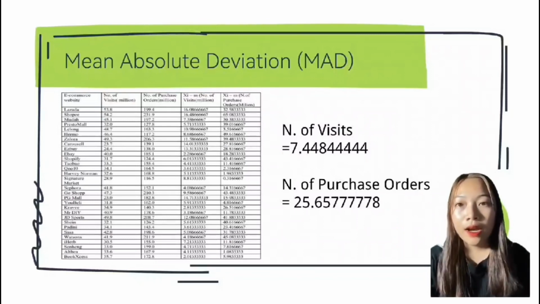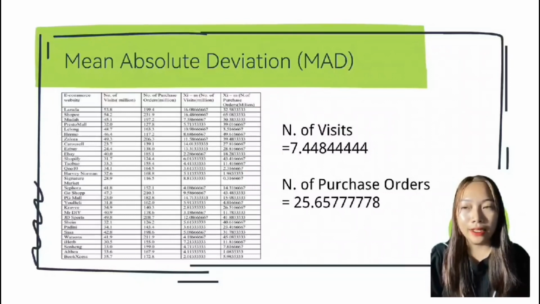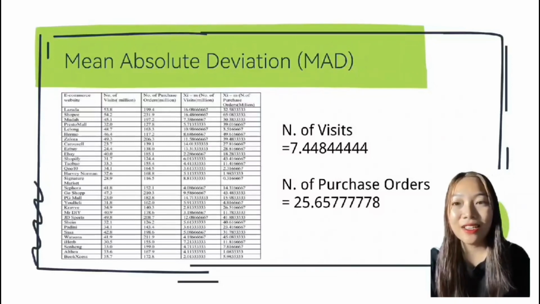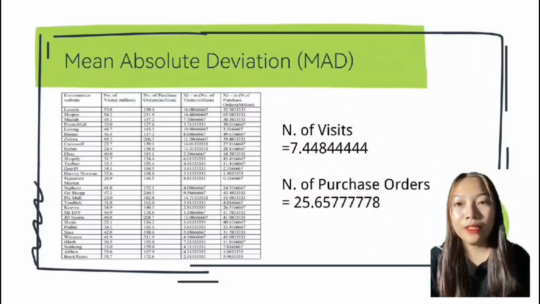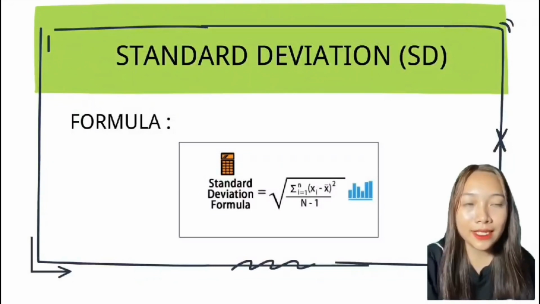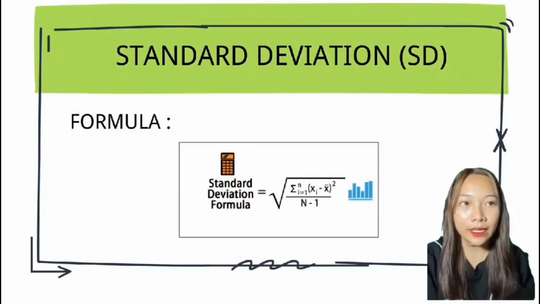So, the MAD for visit is 7.44444, and for purchase it is 25.65777. Next is standard deviation, or SD.